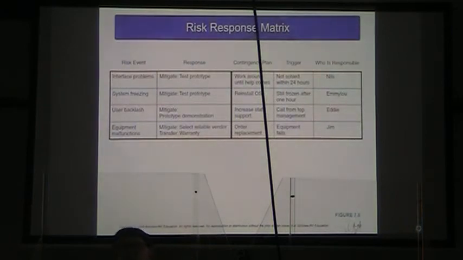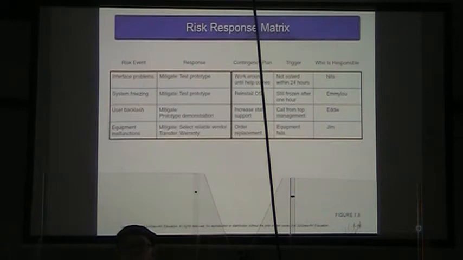All right, so here is a risk response matrix. We have a risk event, a response, a contingency plan, a trigger for action, and who is responsible. So the interface problems, going back to the same four-part risk that we've already talked about in the risk matrix and so on.